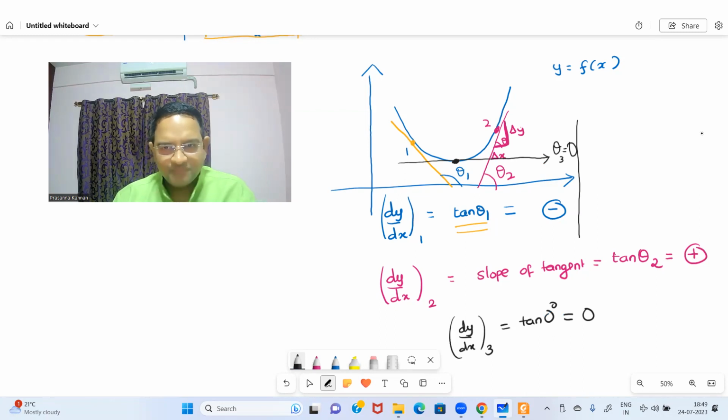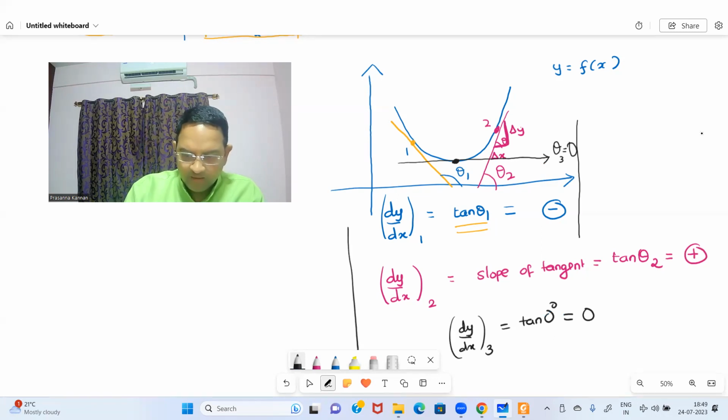Now, by seeing it, can you tell me, is it a minimum point or a maximum point? In this graph, if you see, is this a minimum value point or a maximum value point? Minimum, sir. Minimum, right? That means compared to its nearby points, the point is lower, correct?